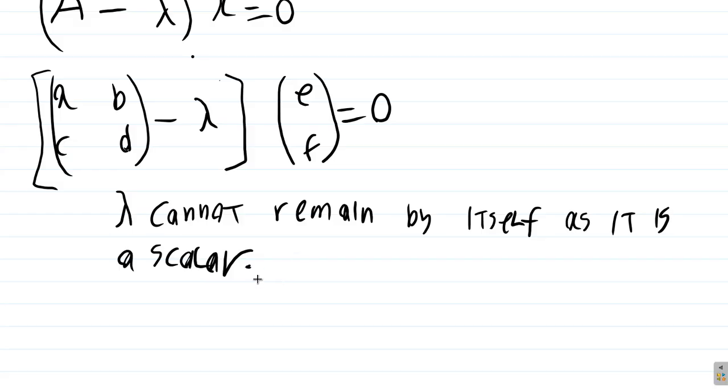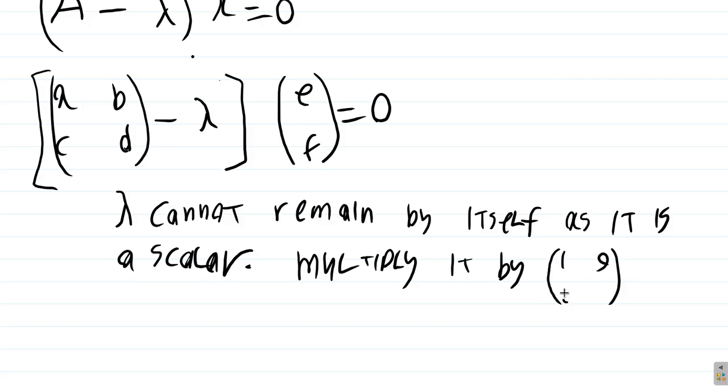What you must do is multiply it by what we call the identity matrix or the unit matrix, which is equivalent to 1 when you're dealing with numbers. And that matrix is 1 0 0 1.